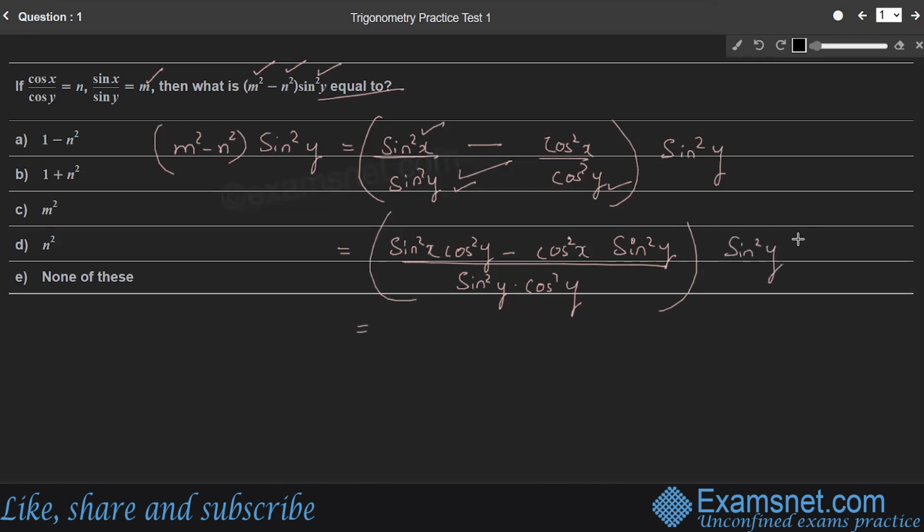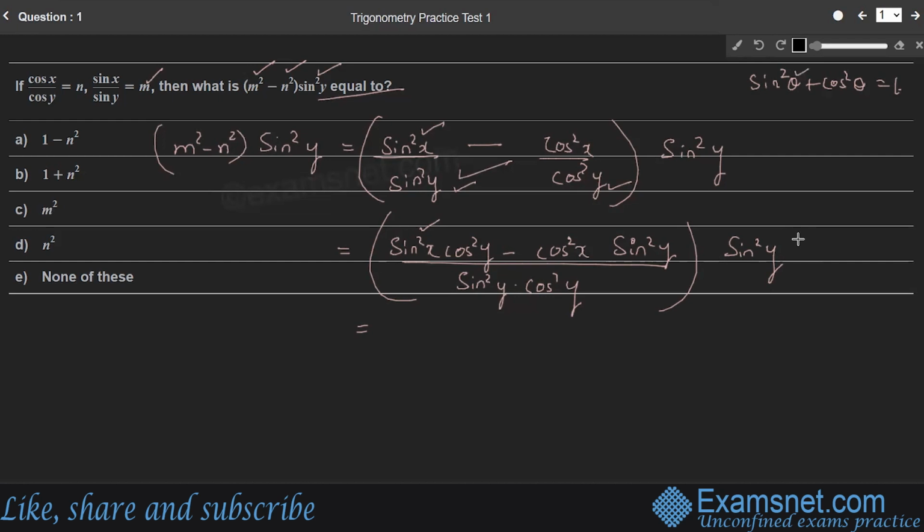Here we'll write sin square x as 1 minus cos square x, because sin square theta plus cos square theta is equal to 1. Therefore, instead of theta, we are taking x and y here.